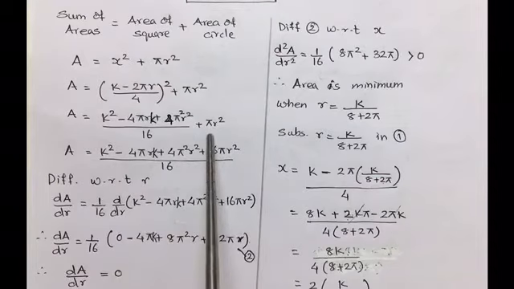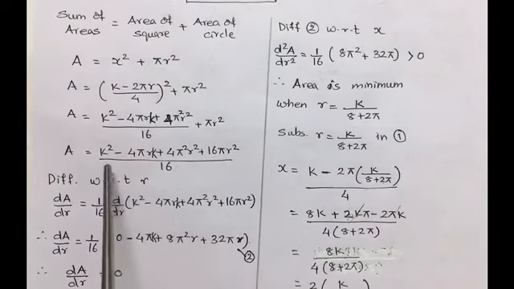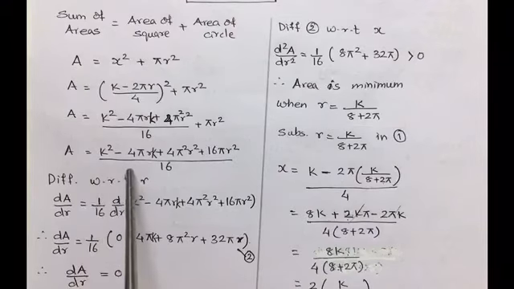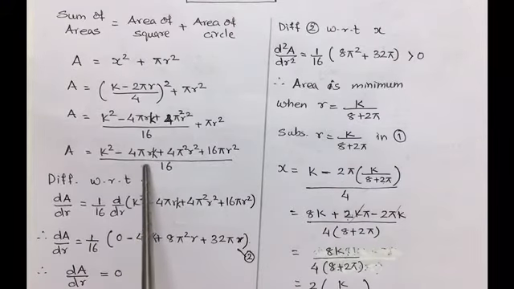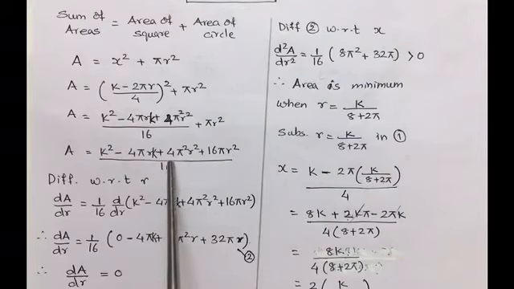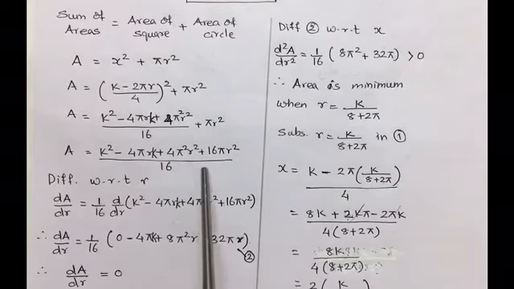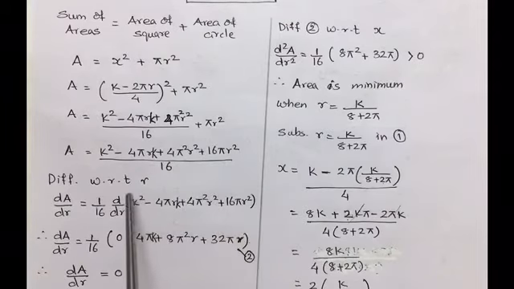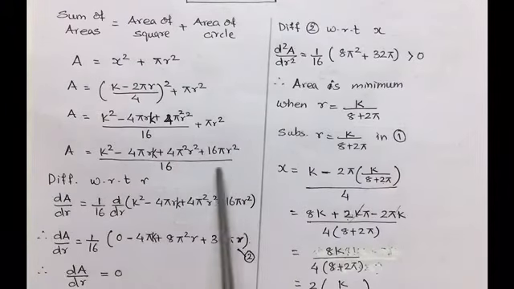Taking 16 as the LCM and calculating it, we get A equal to (k square minus 4 pi r k plus 4 pi square r square plus 16 pi r square) upon 16. This is the function of area.